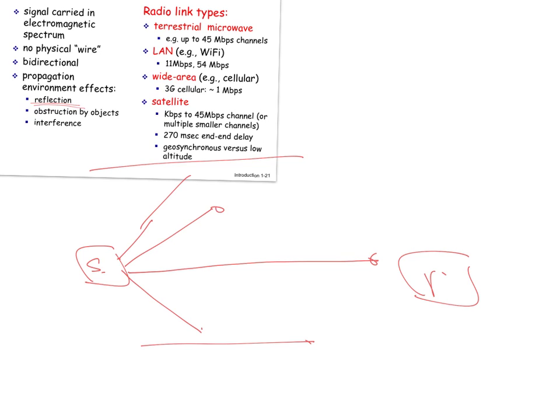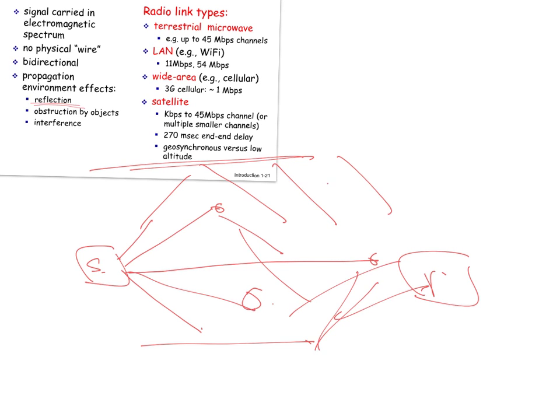Part of it gets propagated this way and propagated this way. Okay, so these specific parts of the energy sometimes get reflected through different objects. And all these copies will reflect, and then the receiver here will receive multiple copies of the signal.